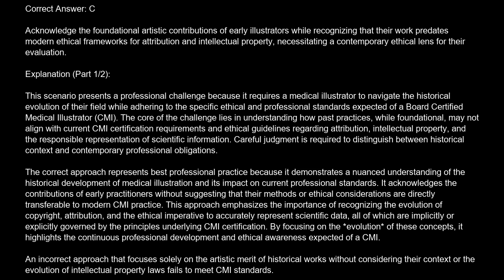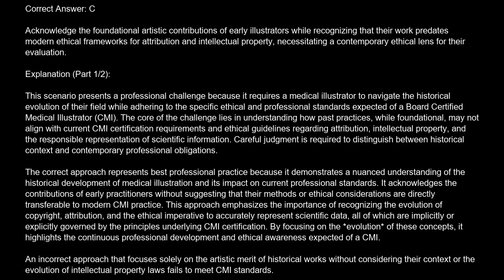The correct approach represents best professional practice because it demonstrates a nuanced understanding of the historical development of medical illustration and its impact on current professional standards. It acknowledges the contributions of early practitioners without suggesting that their methods or ethical considerations are directly transferable to modern CMI practice.